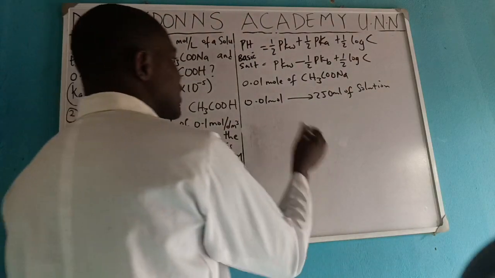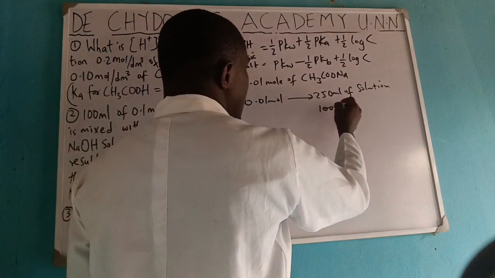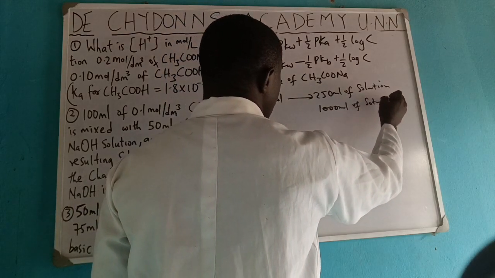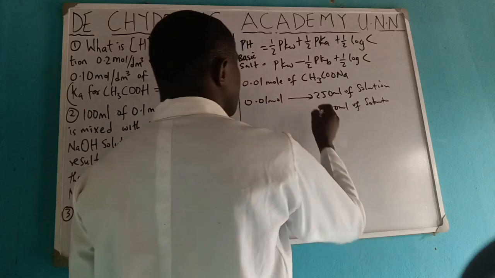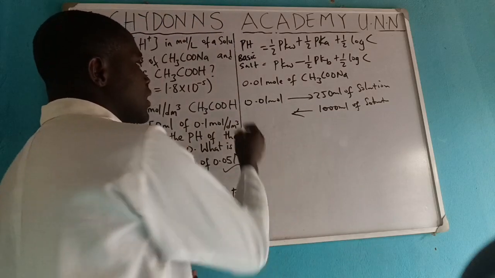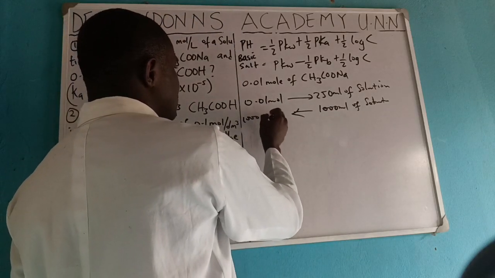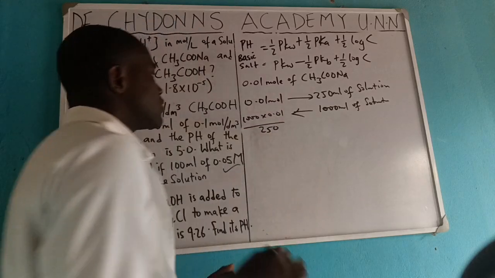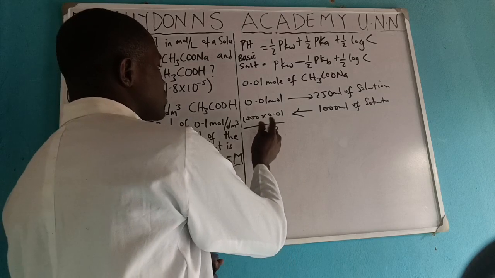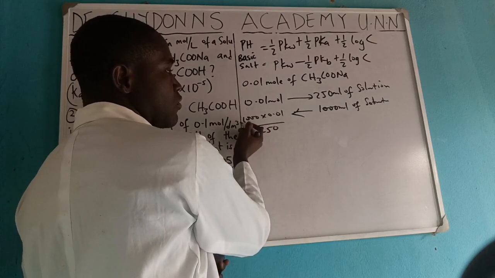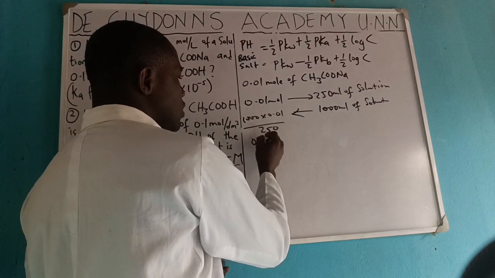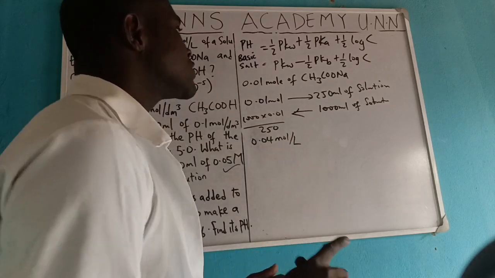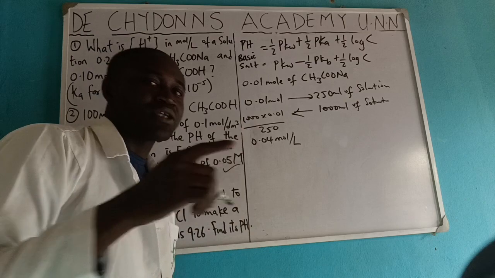Then you now say 1000 ml to 1000 ml of solution. What will it be? We'll cross multiply. It becomes 1000 times 0.01 all over 250. That will be giving us what? This divided by this is 0.04 mole per liter. That will be the concentration of that salt in that total solution.